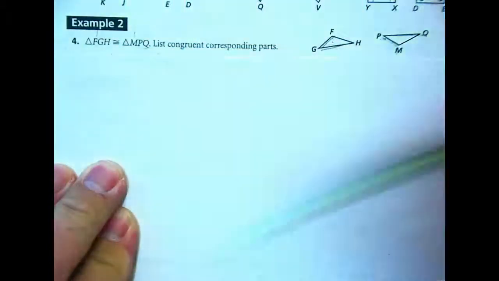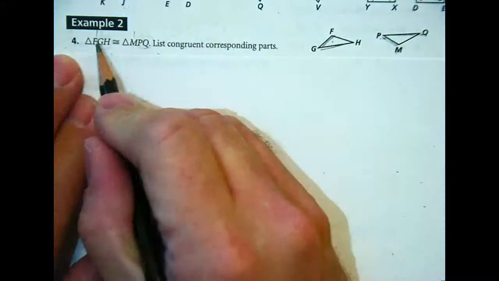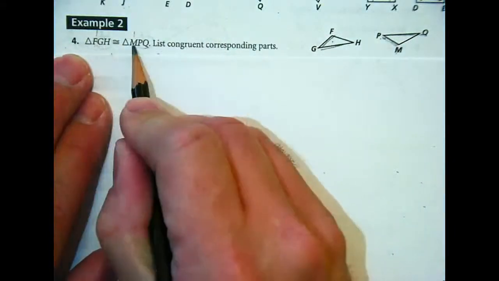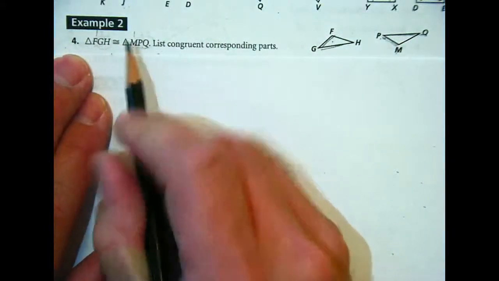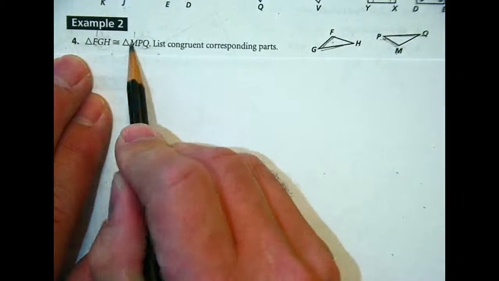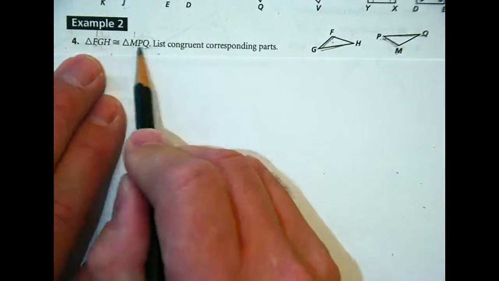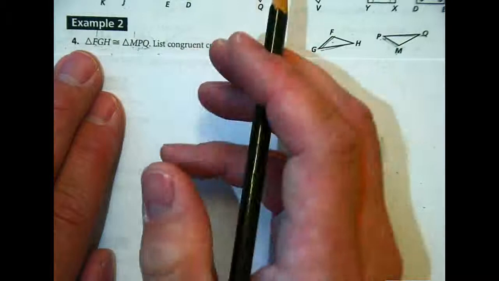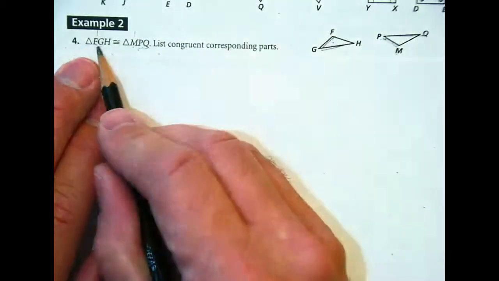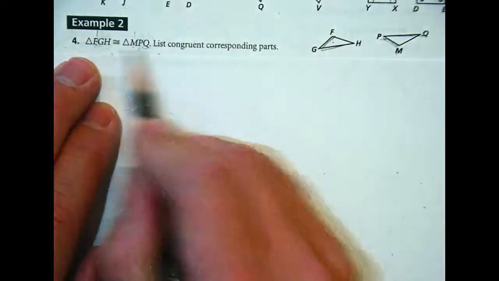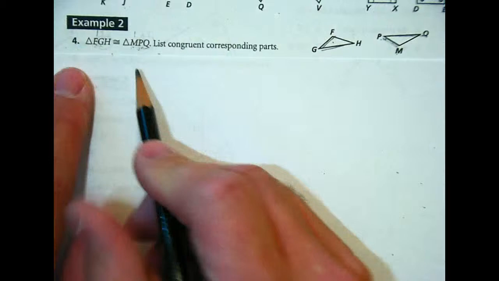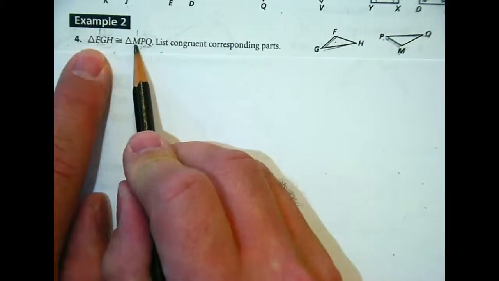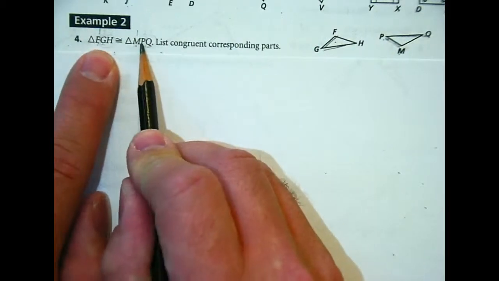You would write it line FG is congruent to line MP. Yeah, you'd want to go MP versus PM because let's start trying to match up corresponding pieces. So I'm going to start getting more picky about that. So far this year I've allowed you to just call FG and then PM, that's okay. But now that we're talking about congruent figures, I want F to G, M to P.